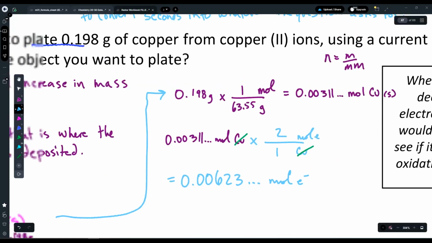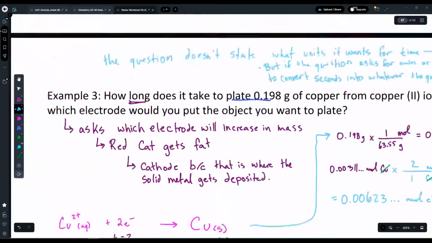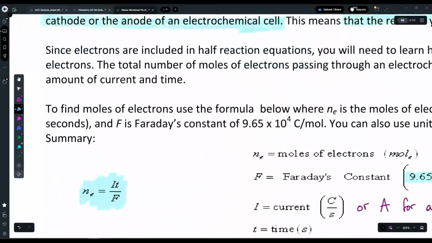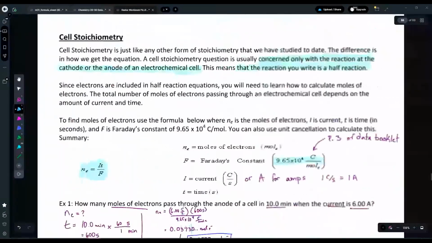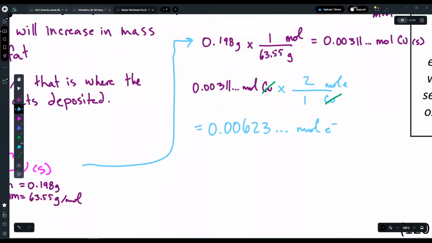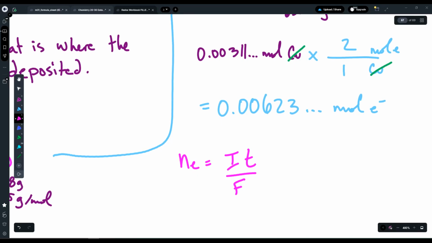Okay, so now what we got to do is step 4, answer the question. So we need to figure out time. And the formula that we can use to figure that out would be this formula here. But we're going to have to rearrange it. So I'm taking my moles of electrons is equal to current multiplied by time divided by Faraday's constant.